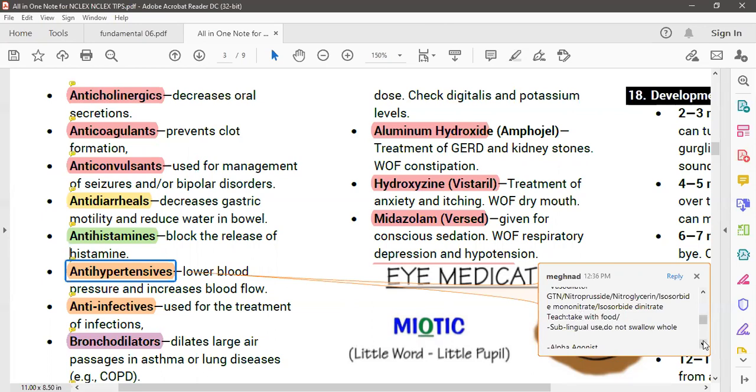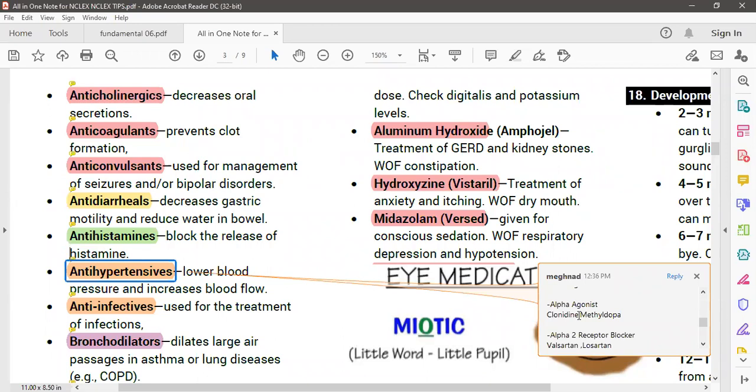What else? Another antihypertensive class we call alpha agonists. Alpha agonists we use to decrease the effect of sympathetic activity on blood pressure. The most common alpha agonists are clonidine and methyldopa.